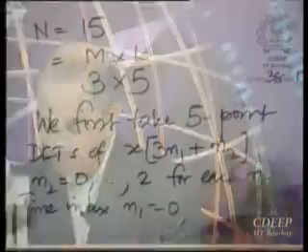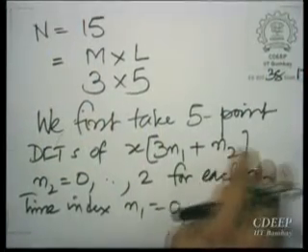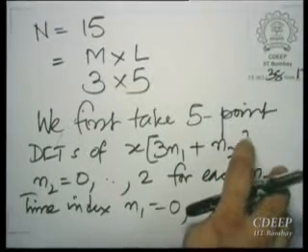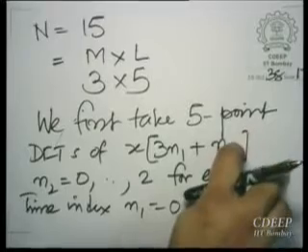Let us draw this structure. Remember, we have to aggregate corresponding to n2. So, let us form one group with n2 equal to 0, the next group with n2 equal to 1, and the next group with n2 equal to 2.